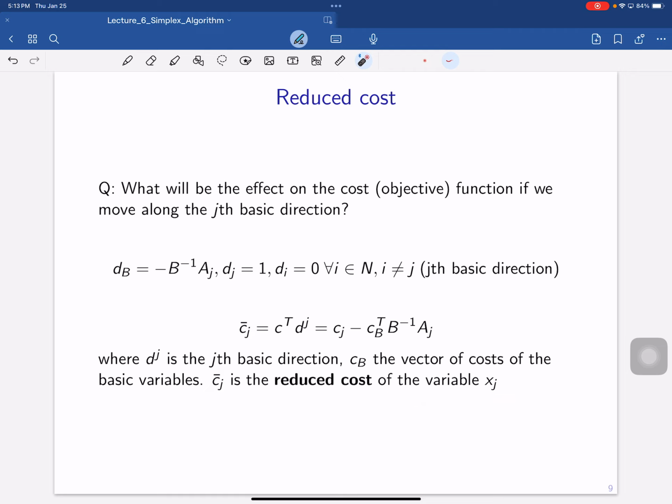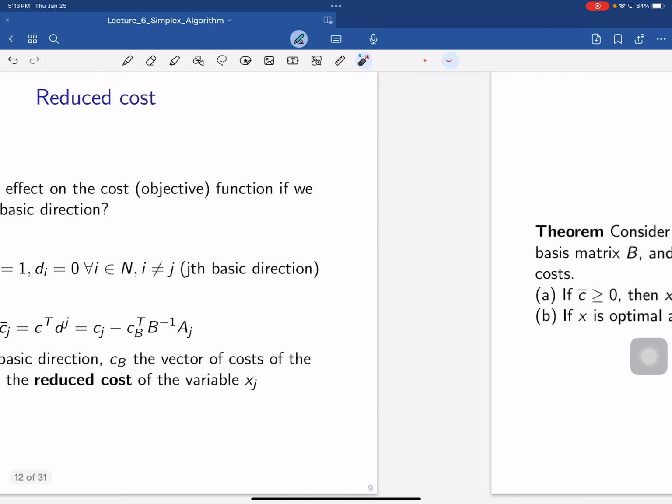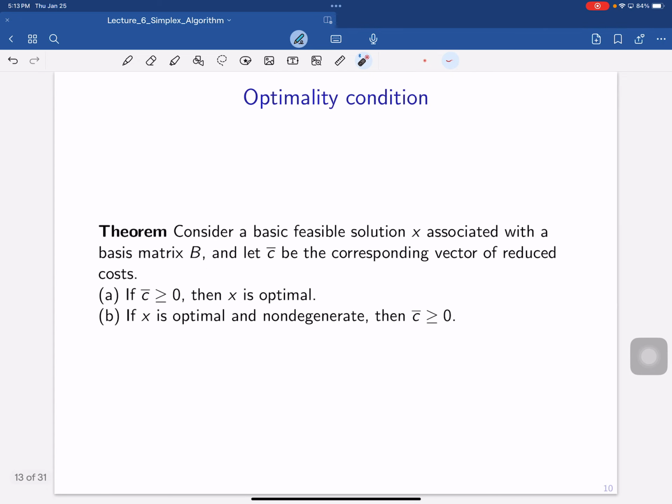The formula is c_j minus c_B transpose B inverse A_j. That's a very popular formula to remember. We are going to use it again and again. That is the reduced cost.